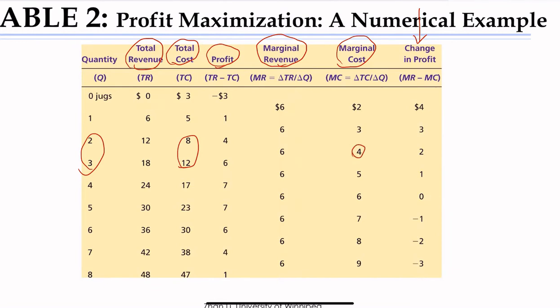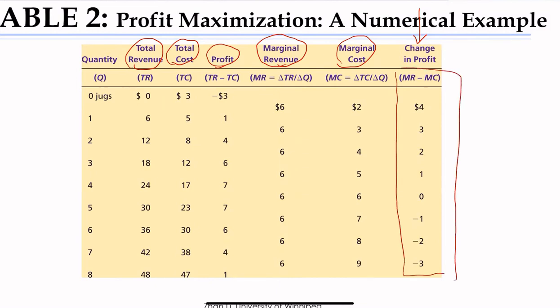And what about this change in profit? Well, later I will talk about change in profit. Now let's first answer this important question, right? At what quantity is this firm maximizing its profit? Well, this is also very easy, right?